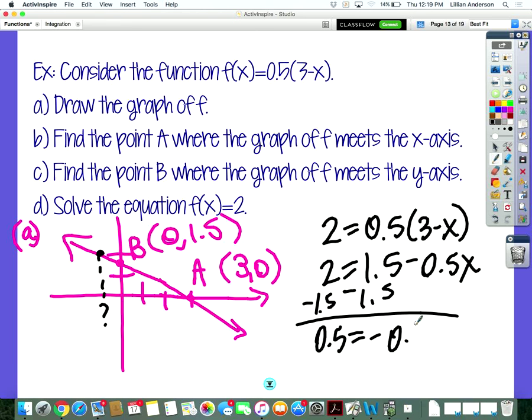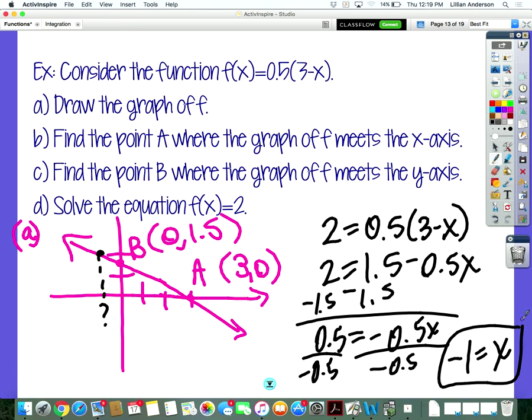Divide by negative 0.5 and you'll get negative 1. Sure? 99%, I am sure. So basically, when y is 2, x is negative 1. Questions?